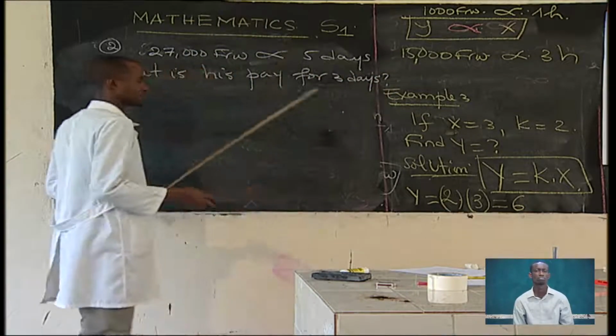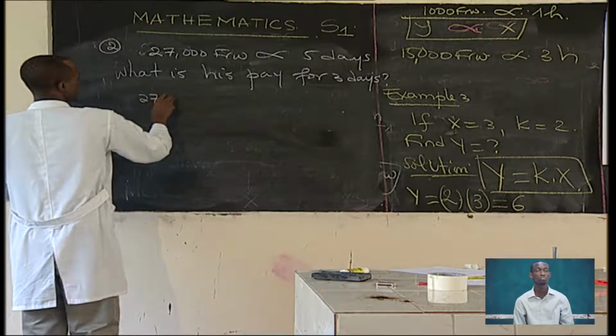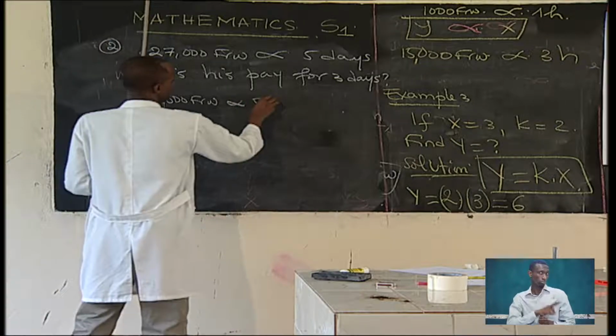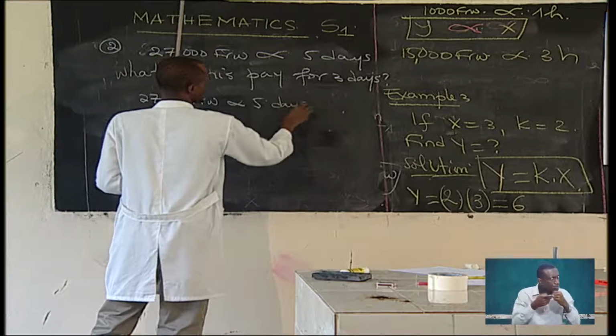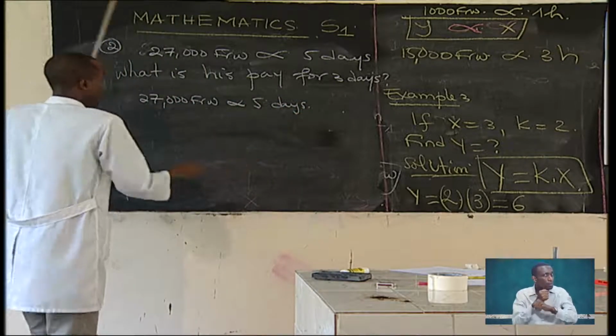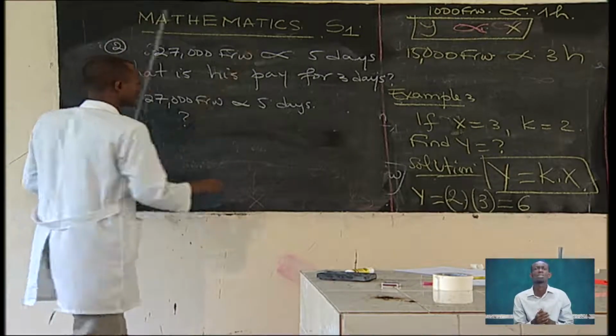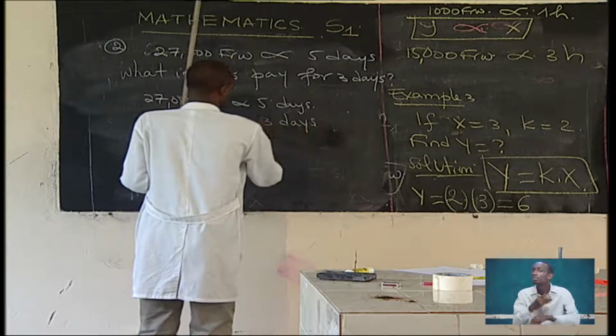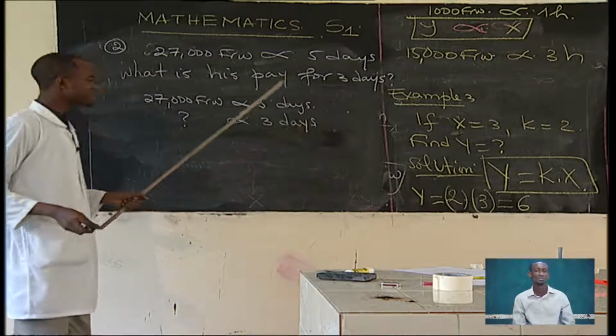In other words, if he earns 27,000 francs for 5 days, how much money will he get if he works 3 days? Do you look at this?